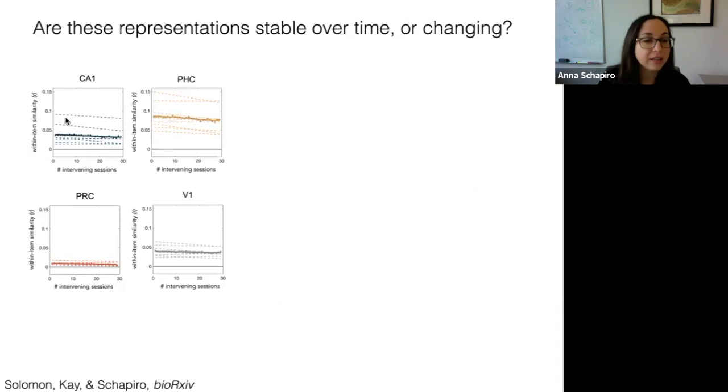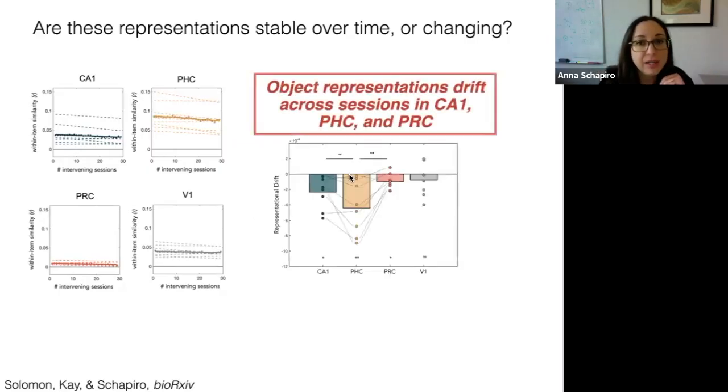And you can see that the lines tend to be a little bit negative. So that means that over time, the object representations are changing. And we find that there's this drift across sessions in region CA1, in parahippocampal cortex, and in perirhinal cortex, but it's especially strong in parahippocampal cortex.